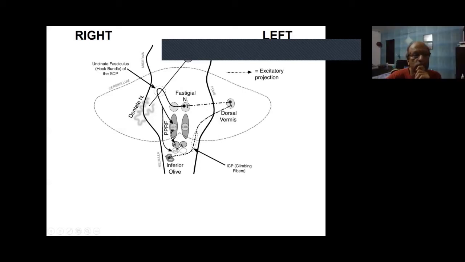Okay. Dr. Muralidharan asks, do you use caloric stimulation at all? So I like the video head impulse test because it's so fast, so non-invasive, and patients tolerate it well. Patients with migraines who you do calorics on will hate you.